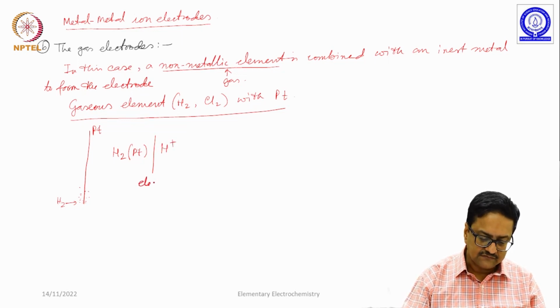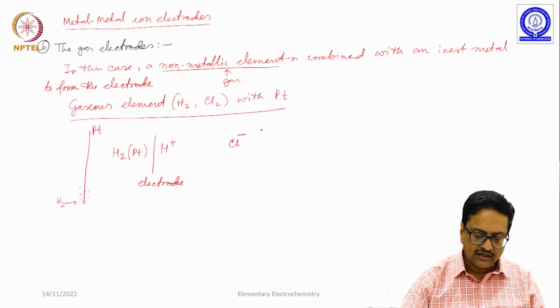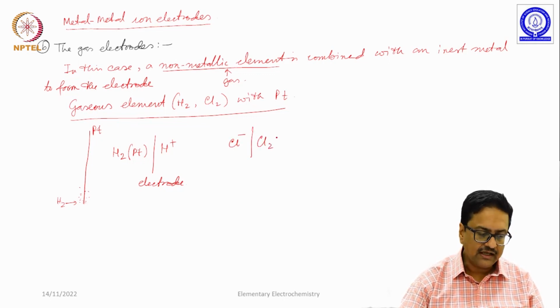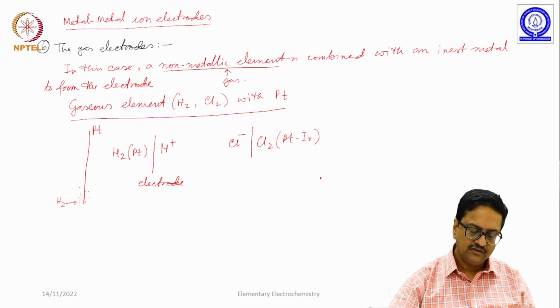So this is the hydrogen electrode. Or a chloride anion is in contact with chlorine gas with a platinum iridium alloy used as an electrode.